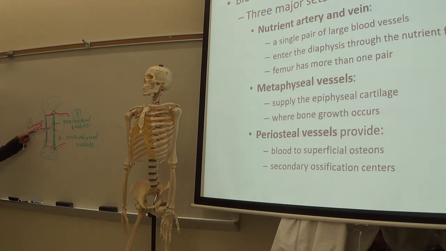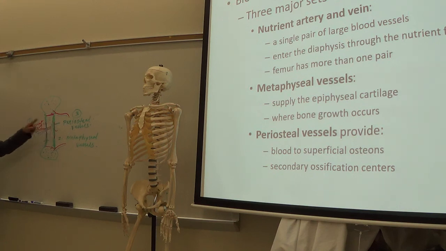One enters through the middle of the shaft, that is called what? Nutrient blood vessels, right? Supplies blood to the inner part of the shaft of the bone, right? And near the epiphyseal plates, the blood vessels enter or pass through. Those are called the metaphyseal blood vessels, mostly supply blood to the ends.